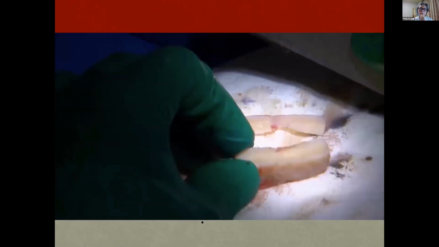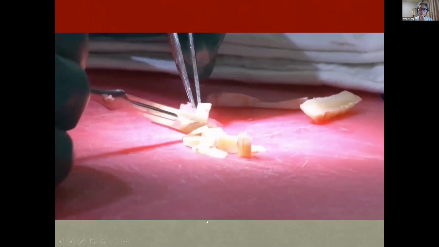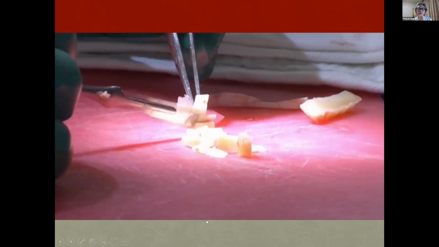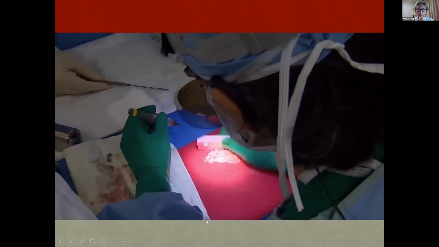I'm dicing the costal cartilage using a Dermatome blade and a 10 blade. Actually, now I'm developing a dicer, which can make my life much easier. I dice the cartilage with the blade, and I open this mold.